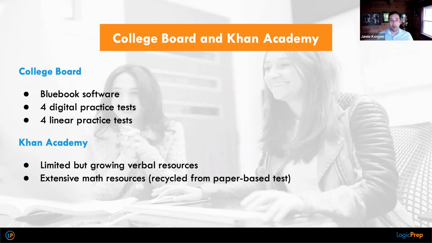On the Blue Book software, they have those 4 digital practice tests. They are fully adaptive. This test is section-based adaptive, which means that everybody taking the test on a given day gets the same math section to start and the same verbal section to start. There are 2 verbal sections and 2 math sections, as there are in the current paper test. And the second verbal section is adaptive to your first section. So if you do well on the first section, you get into the harder set of second questions.